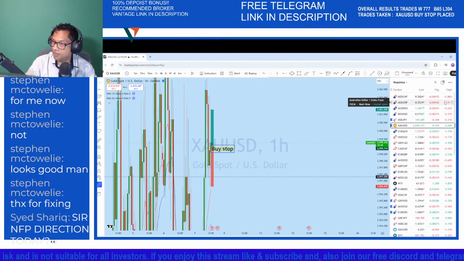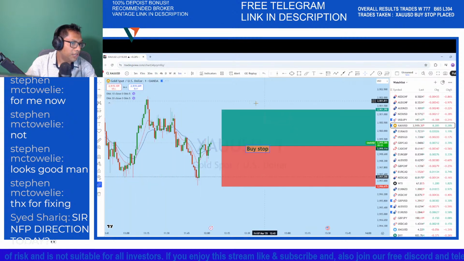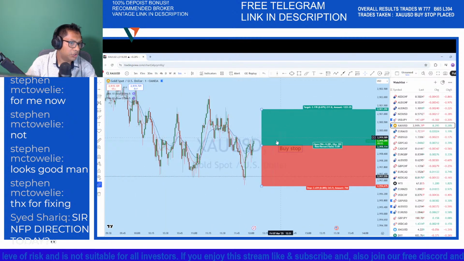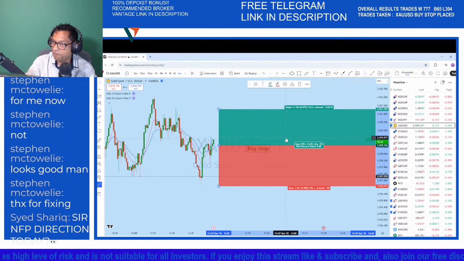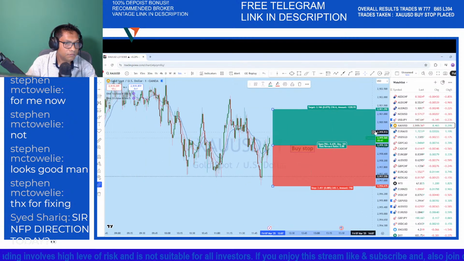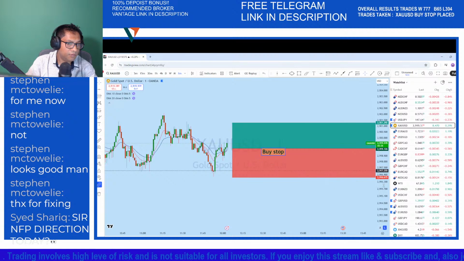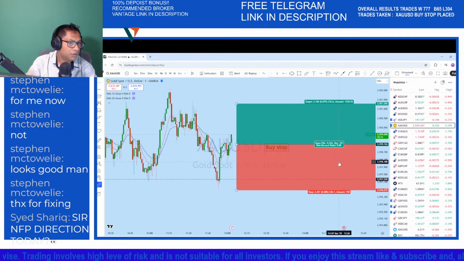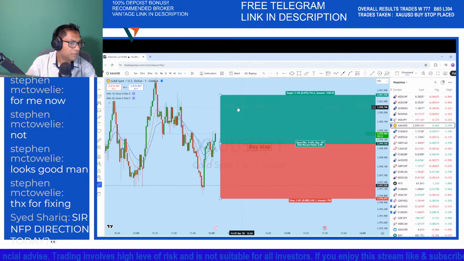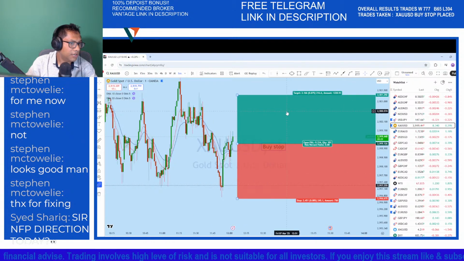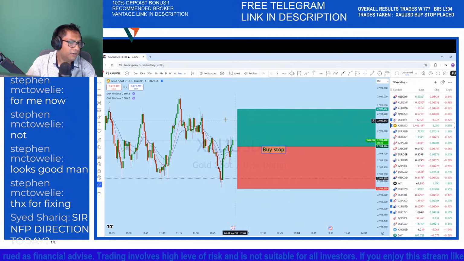Okay, so you see a doji formation on the 1 minute, which is potentially bullish price action. So holding it, let it move up. Okay, now here is getting some potential upside here.